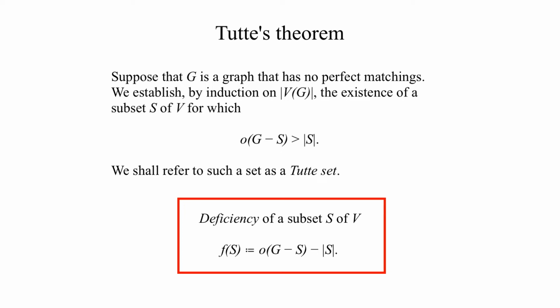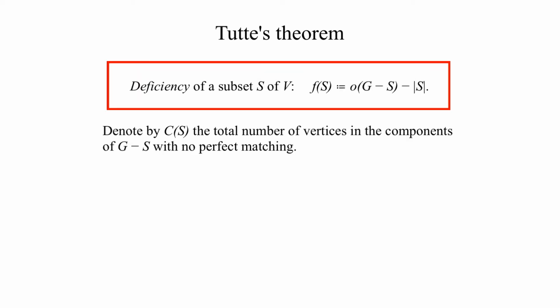For a subset S of V, we define the deficiency of S, denoted by Fs, as the difference between the number of odd components of G minus S and the cardinality of S. Clearly, a subset of positive deficiency is a Tutte set. Denote by Cs the total number of vertices in the components of G minus S with no perfect matching.